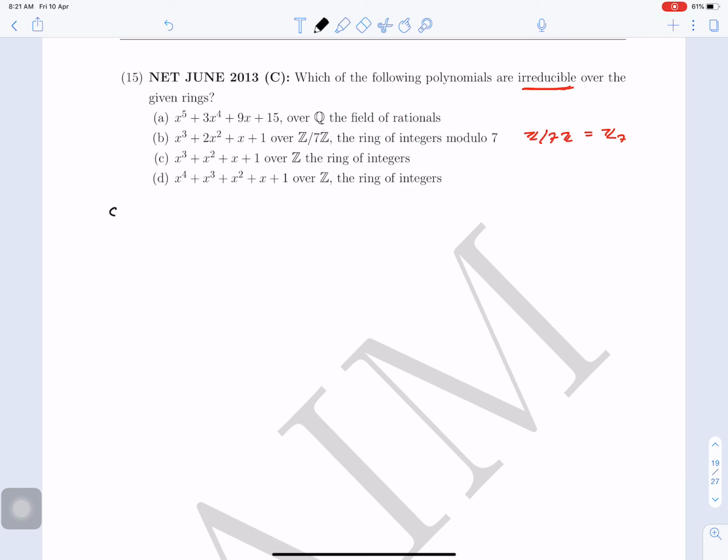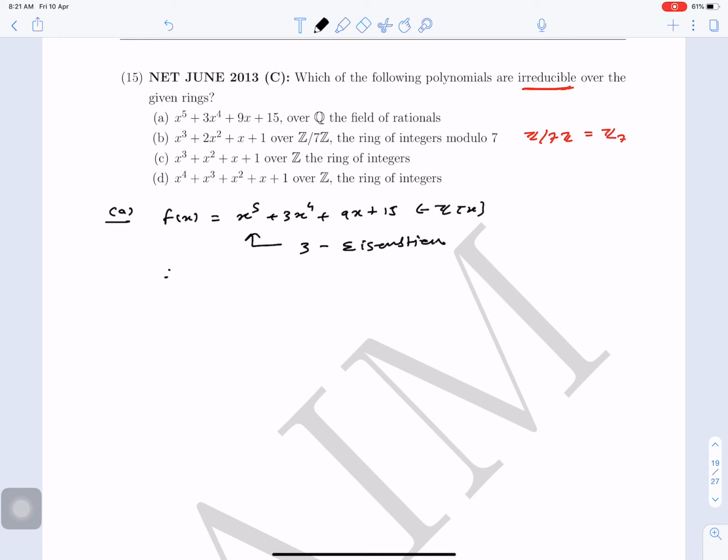So let us start with option A. Here f(x) is x raised to 5 plus 3x to 4 plus 9x plus 15 over Z[x], but it is 3-Eisenstein.